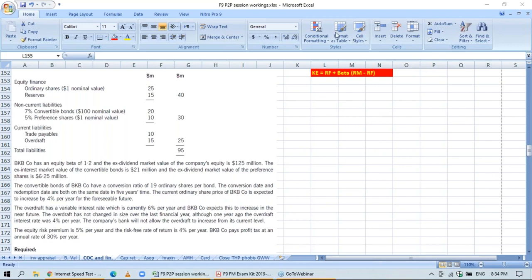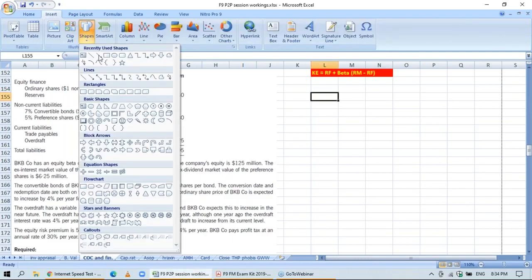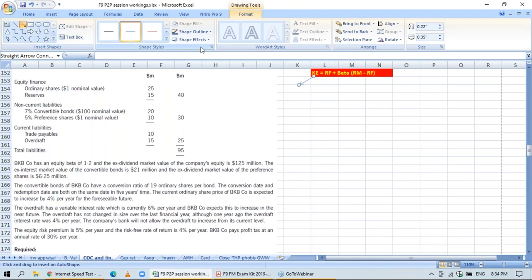So let me tell you about the inputs in it. There are 3 inputs. You have to plug in 3 figures in order to arrive at the cost of equity.